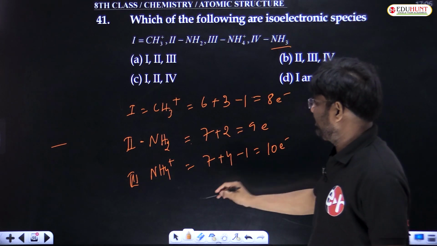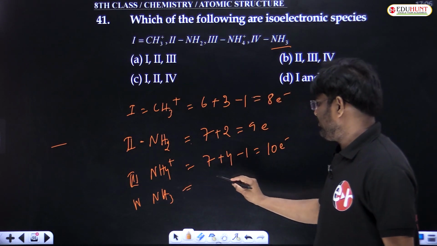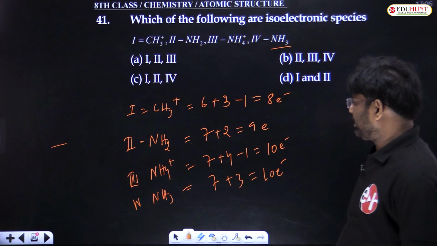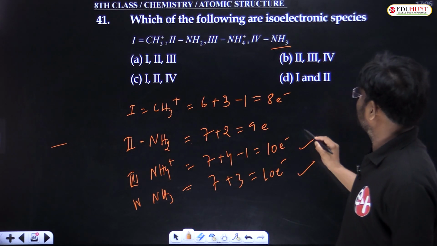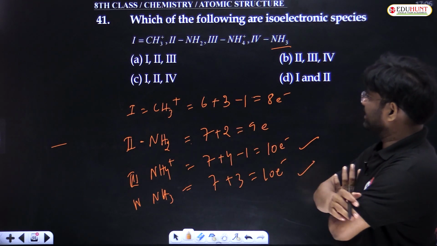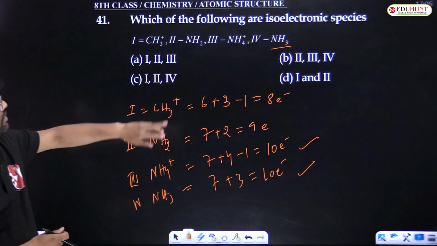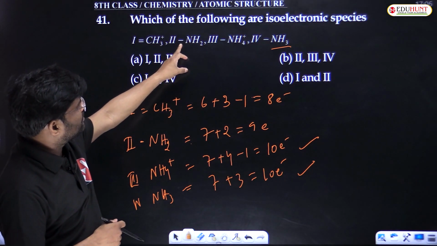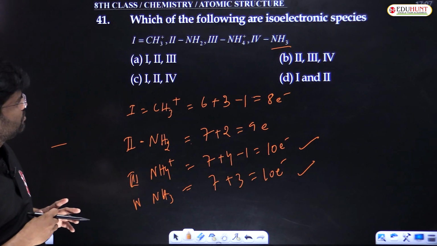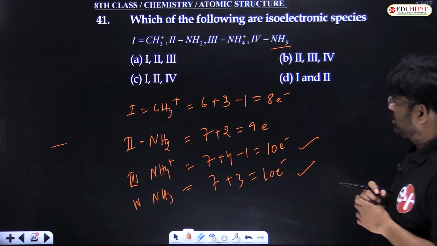Next, NH3: 7 plus 3, 10 electrons. So which are the isoelectronic species? The third and fourth. The first is 6 plus 3 minus 1, which is 8. So the answer is 3, 4, but that answer is not there. With this bond considered it would be 11. The second, 7 plus 2, is only 9.